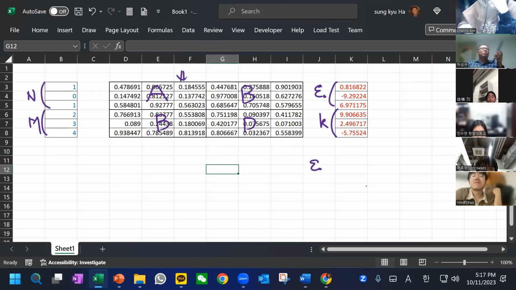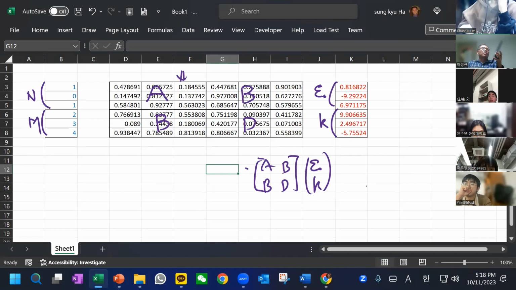Now, epsilon 0 and curvature is given by the ABBD matrix equals N and M. How do we calculate this epsilon 0 and curvature?